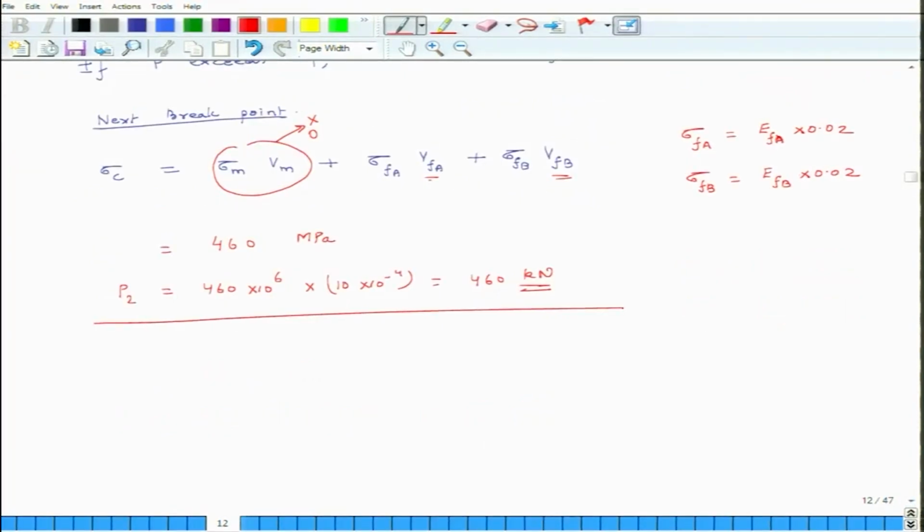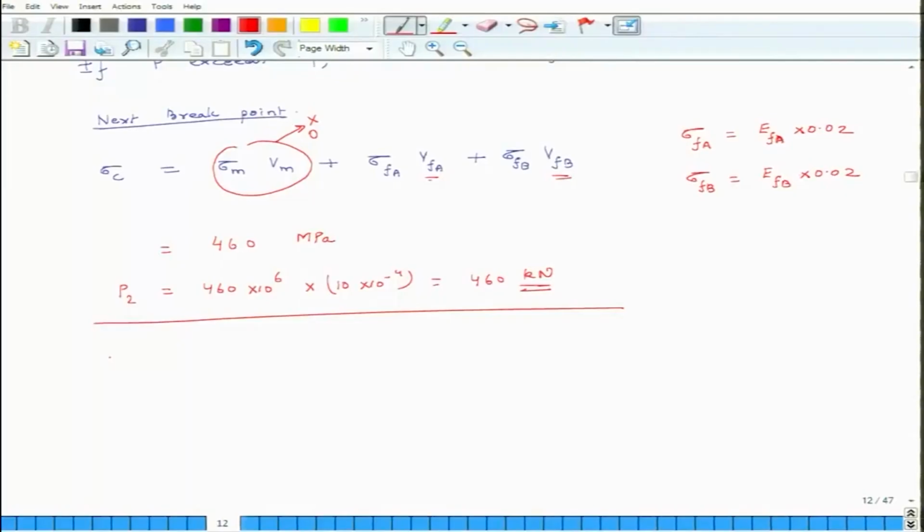So, I have pulled it at 1.71% matrix breaks, I pull it further at 2% fiber A breaks. Then what happens? Once fiber breaks, its load also gets transferred to fiber B, and fiber B will break only at what? 7%. So, let us see what happens.